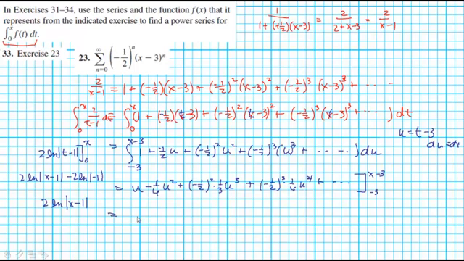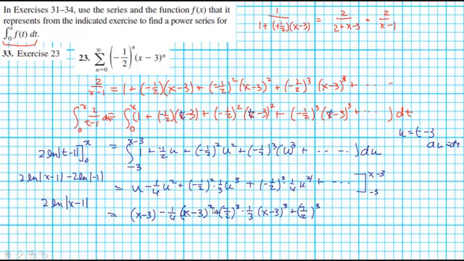And we end up getting x minus 3 minus 1/4 (x minus 3) squared plus (negative 1/2) squared times 1/3 (x minus 3) cubed, whoops, I'm going to mix up there.